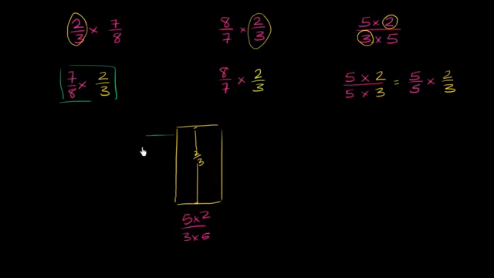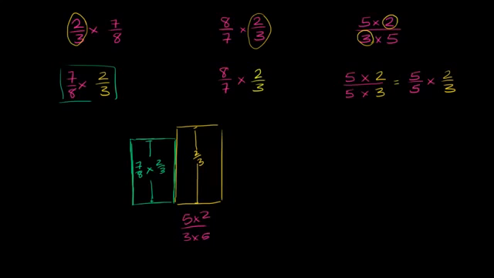If the yellow height is 2/3, then this height right over here would be 7/8 times 2/3.